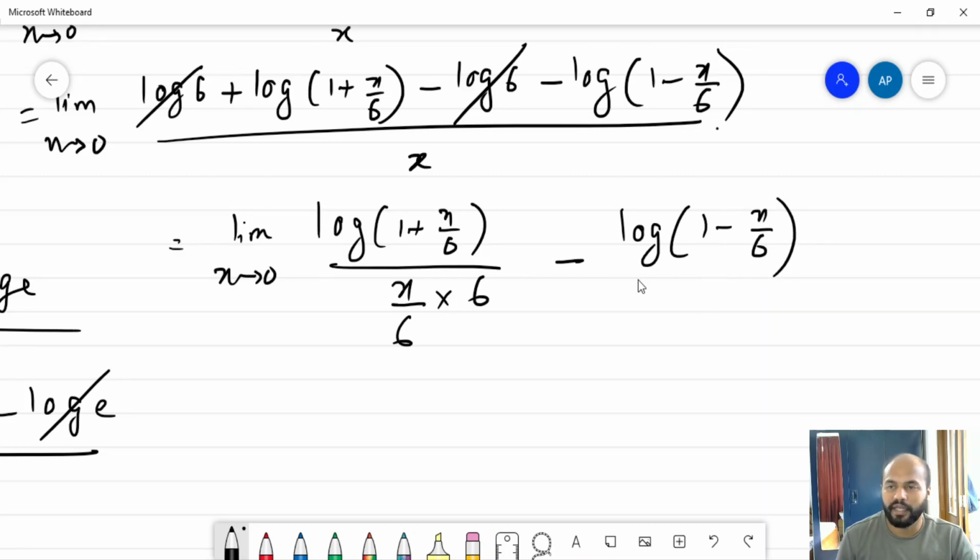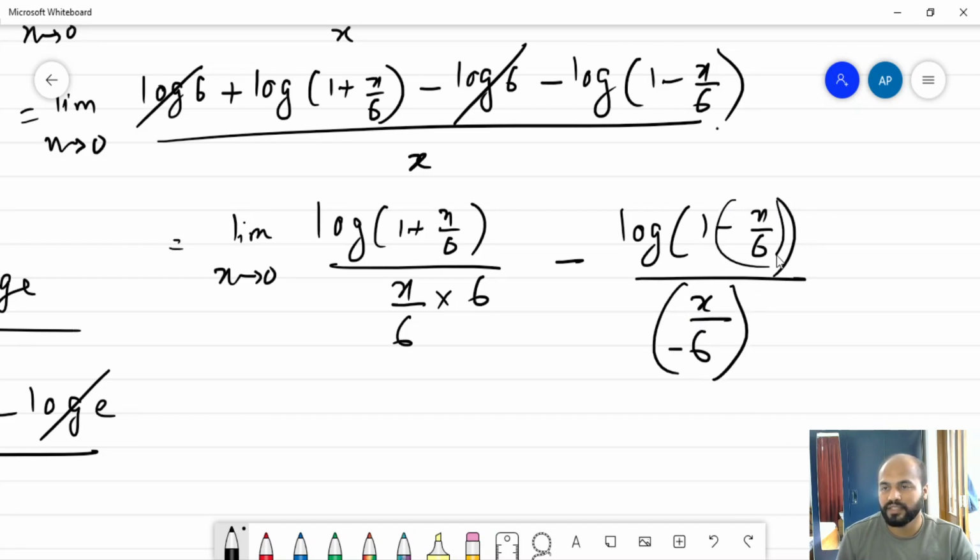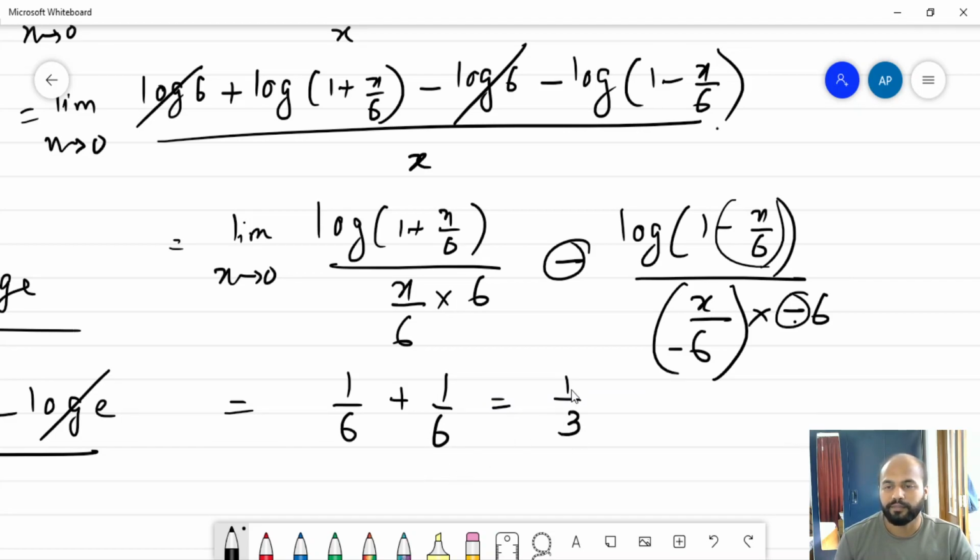So you can clearly see that here x has to be divided by −6 because this part has to be similar, and then multiply by −6. So this minus sign and this minus sign multiply and become plus. So all that we get is 1/6 + 1/6 as a final answer, that is 1/3. So the final answer to this question is 1/3.